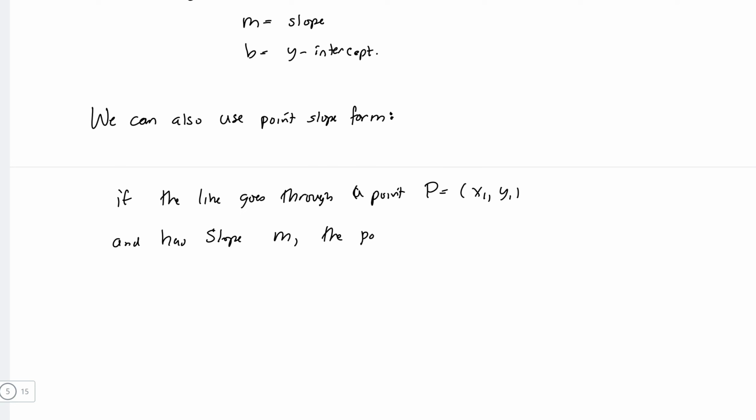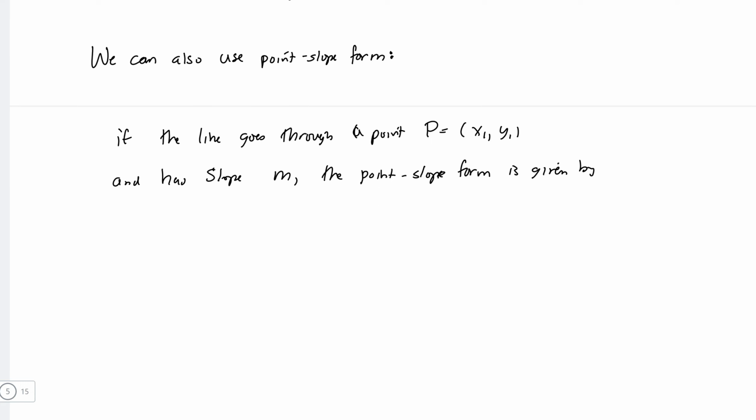The point-slope form is given by, so we say y minus the y value equals m times x minus the x value. So this is point-slope form. So either way is fine. We can easily convert from this to intercept form.